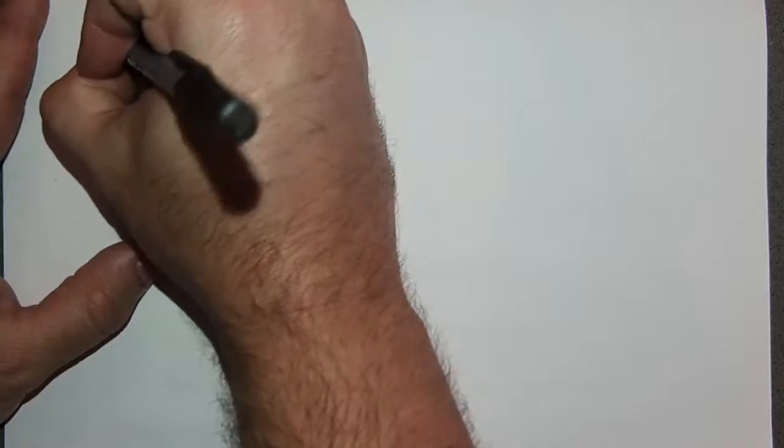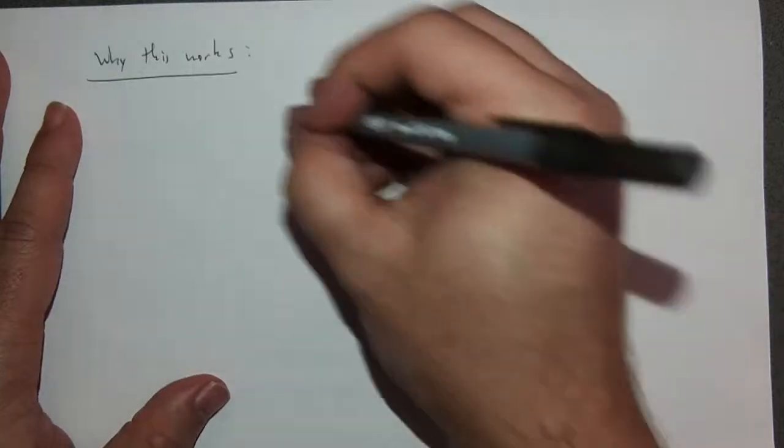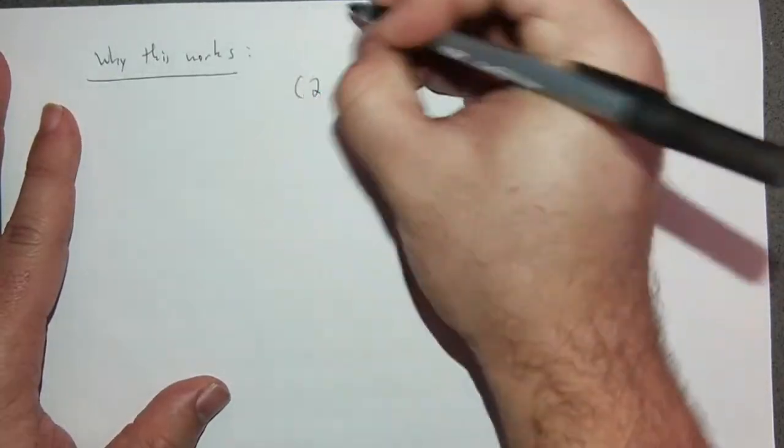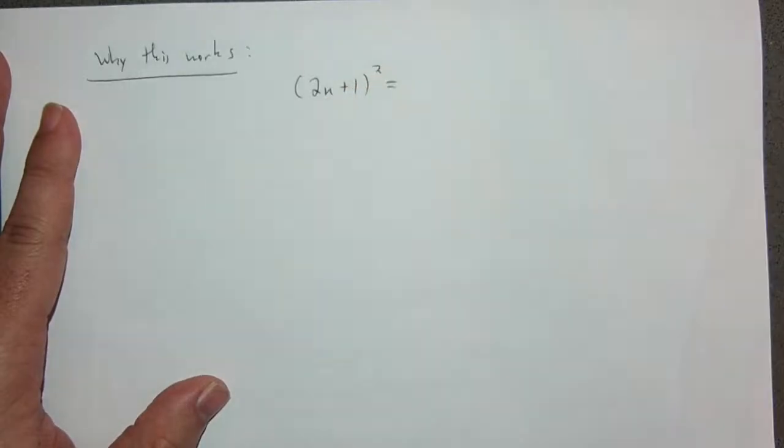Another way of doing it, before I go into that, maybe I should do why this works. Okay, so we said that we were going to take an odd number and square it. So what did we do here? We took the number 2n plus 1 and we squared it.